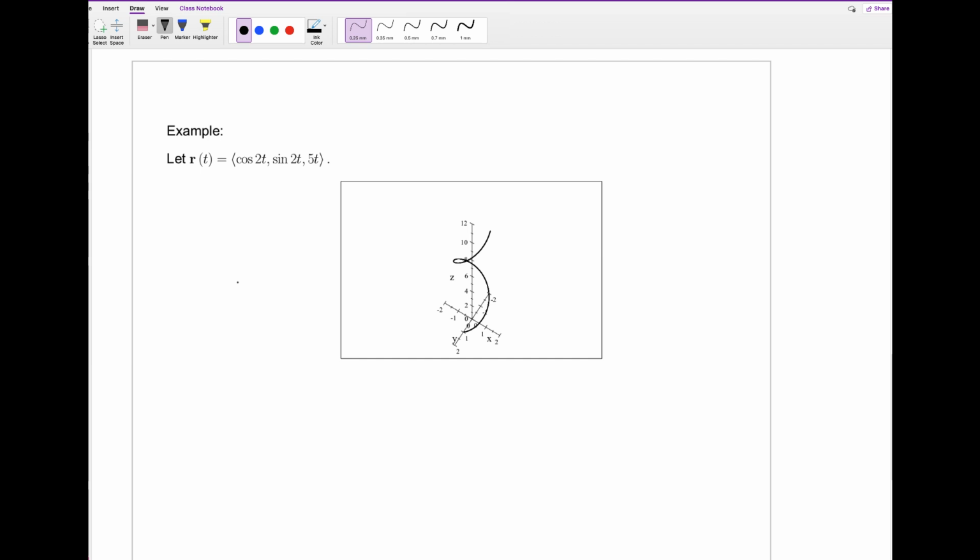Here's a quick example. Let's say we have r of t as cosine 2t, sine 2t, and 5t. And here, I believe I've shown the picture when t runs from about 0 to 6. You see when t is 0, we start at the vector 1, 0, 0. That's this vector here that points in this direction.